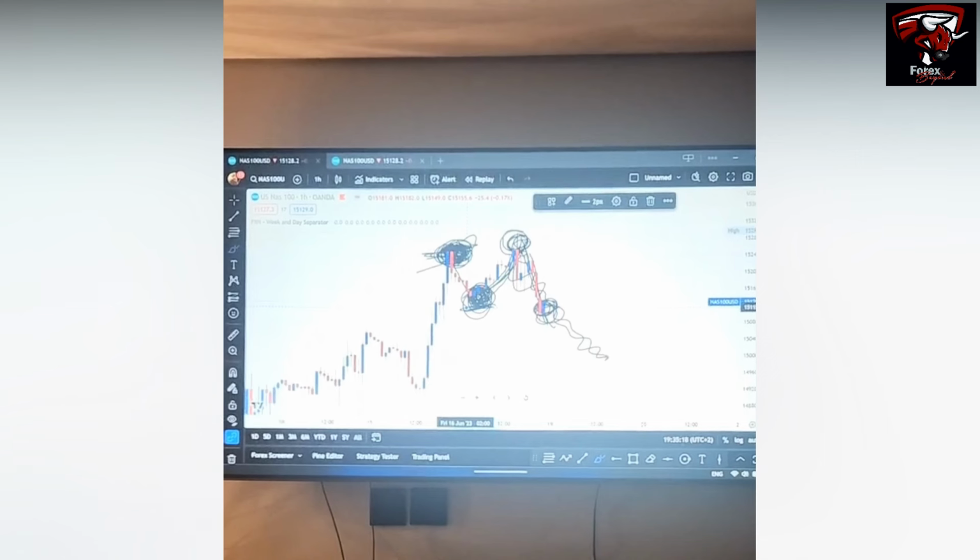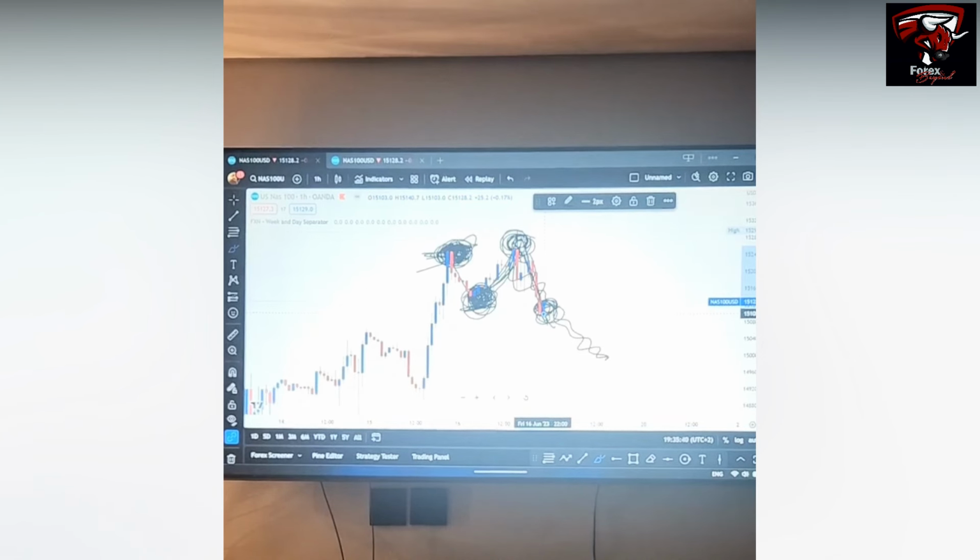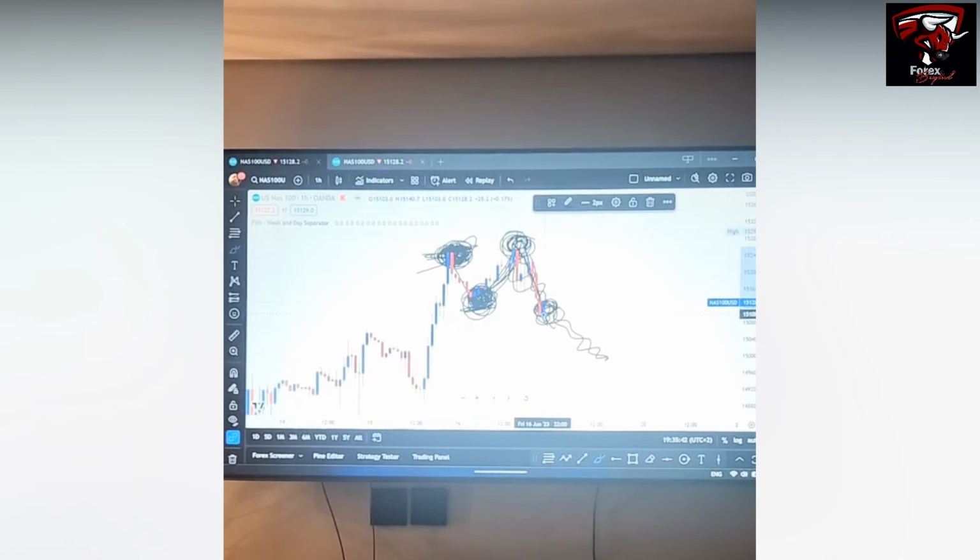Right? So there's two things we can do here. It's either we first take the sell side liquidity or we take the buy side liquidity. And as you can see over here, they took the buy side liquidity and then they took the sell side liquidity. Now, how would I know that they were going to take the sell side liquidity after taking the buy side liquidity?